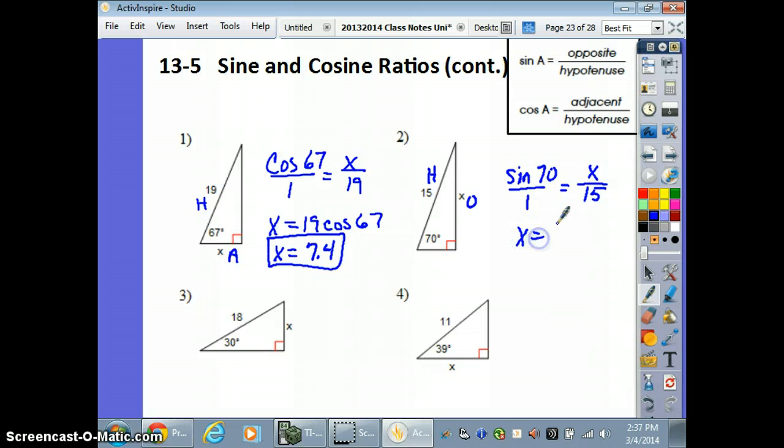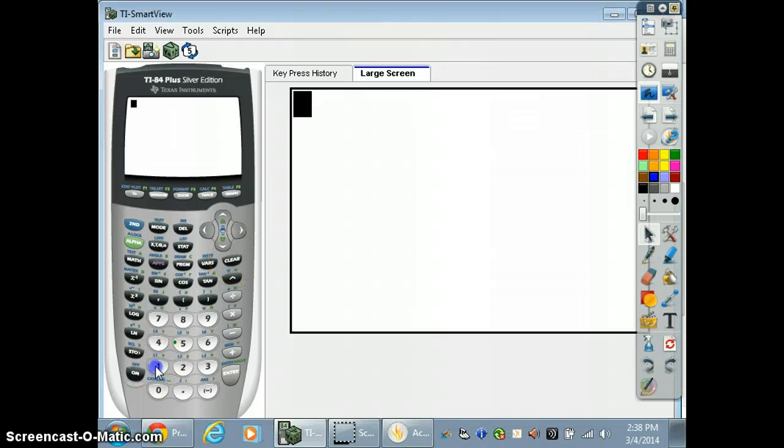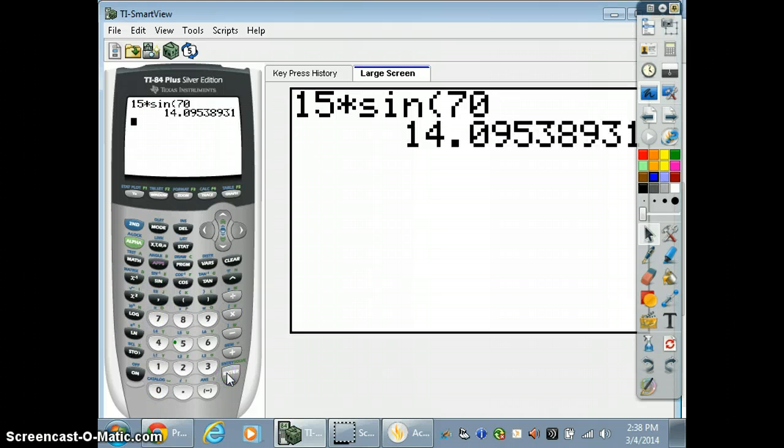So x equals 15 times the sine of 70, which is 14.1.